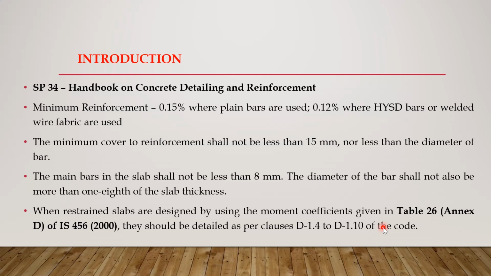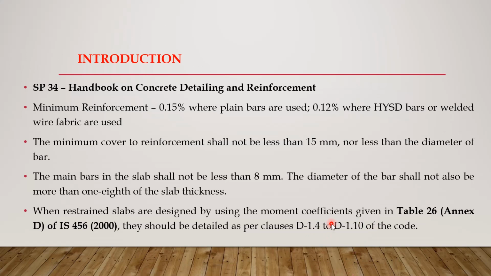If you can remember, in our last video lecture of the design video series, we talked about using moment coefficients for the design of slabs, and those moment coefficients are given in Annex D of IS 456 code. And in that Annex D, there were some clauses from D-1.4 to D-1.10 that I just read out in our last lecture but did not go into detail.